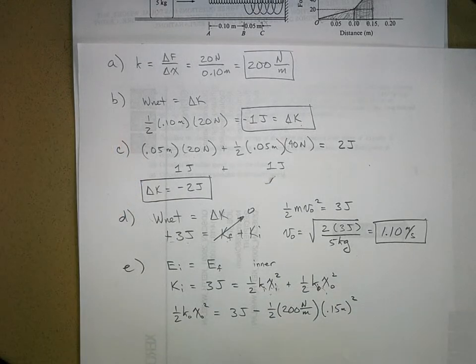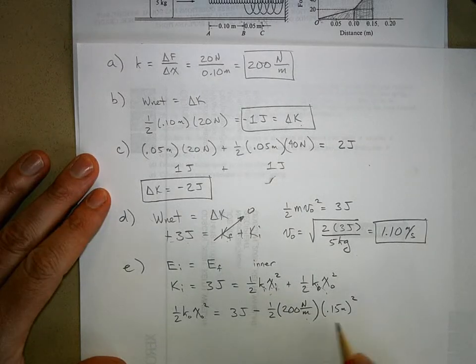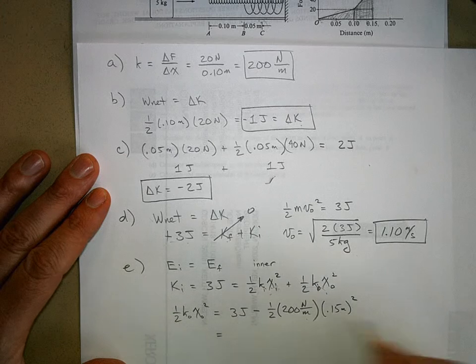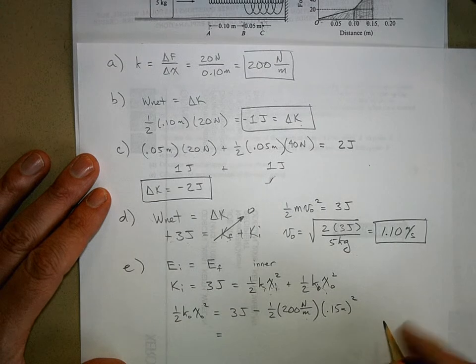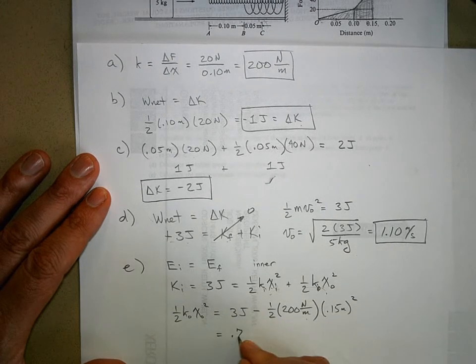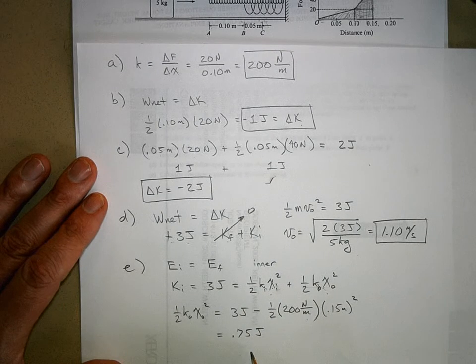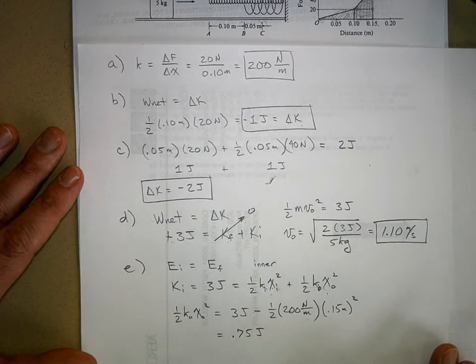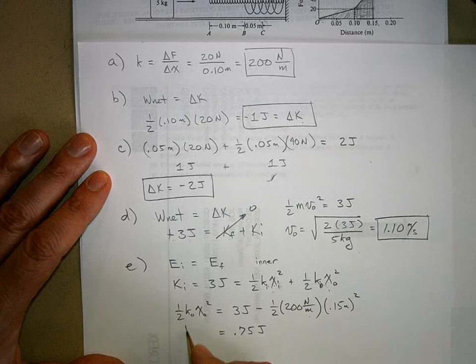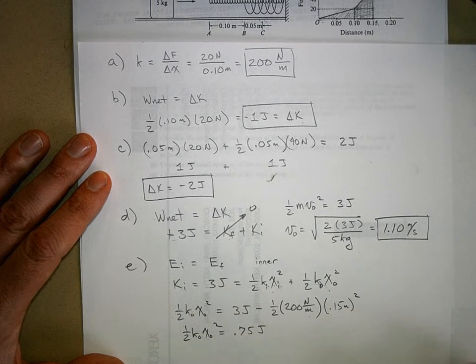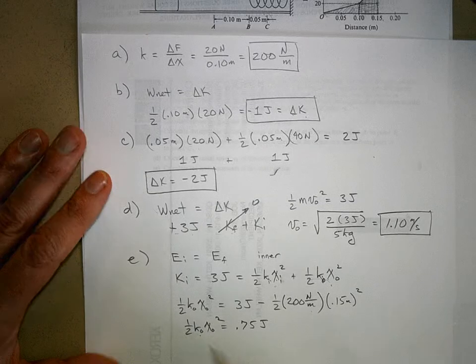When you plug this in your calculator, you end up getting 0.75 joules. So in other words, there's 0.75 joules stored in that outer spring. And that's equal to 1/2 k naught x naught squared. And this will allow you now to solve for k.